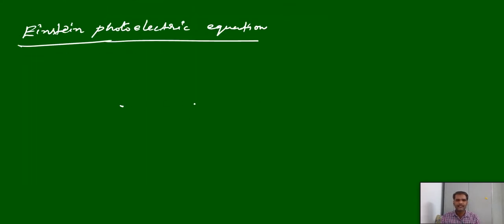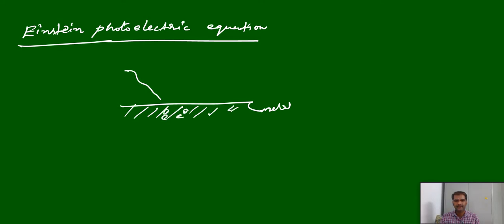So in the photoelectric effect, what we are doing is incident light. Let us assume this is some kind of metal surface. Here we have the electrons inside. When incident with light of suitable frequency, let us assume the frequency here is nu, then ejection of electron can take place.